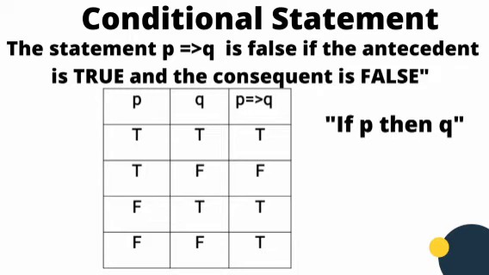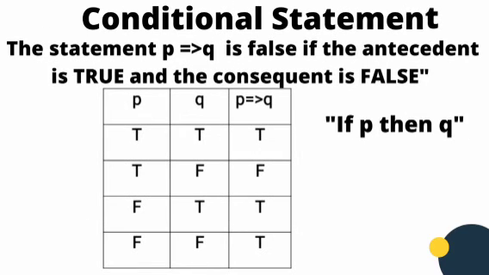P represents the antecedent while Q represents the consequent. If statement P is true and statement Q is true, then the statement P implies Q is also true. If statement P is true and statement Q is false, statement P implies Q is false, and so on.